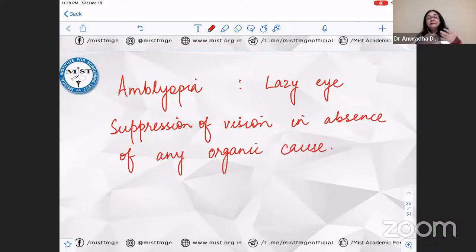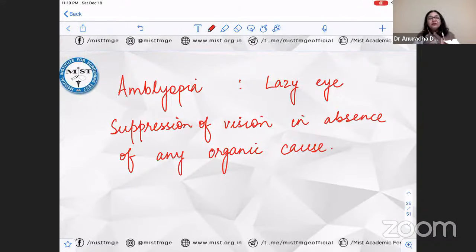There can be various types of amblyopia depending upon the underlying reason. That is strabismic amblyopia, when there is squint in one eye. Anisometropic amblyopia, when there is a difference in the refractive error of the two eyes. There was a question based upon that also. Sensory deprivation amblyopia, for example, congenital cataract. But in all these cases, the fundus is normal. So still the patient is having a defect.